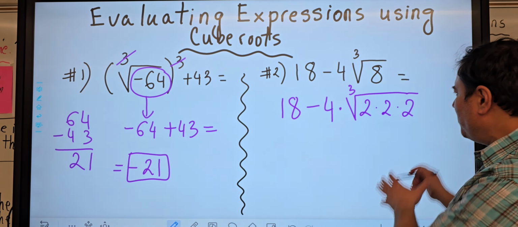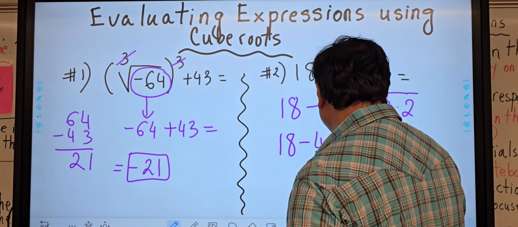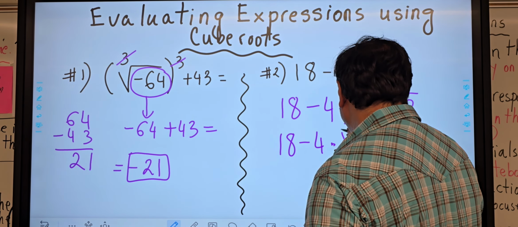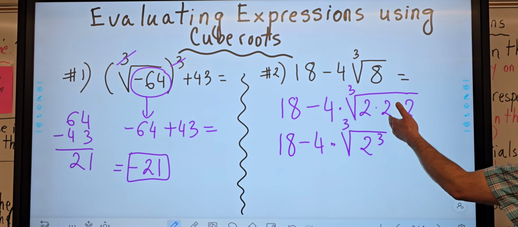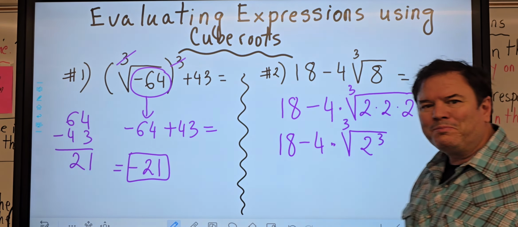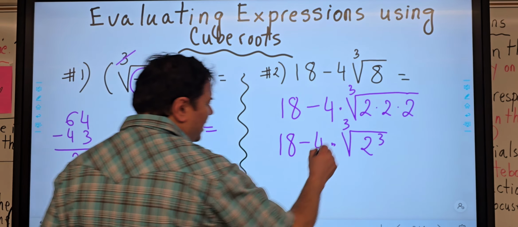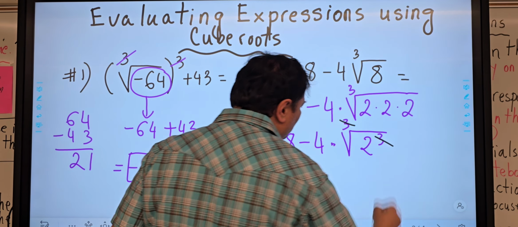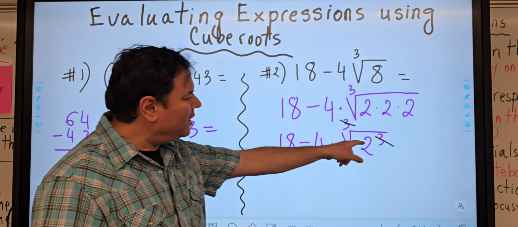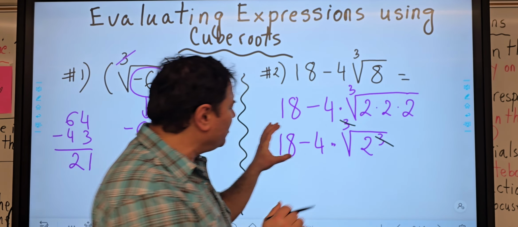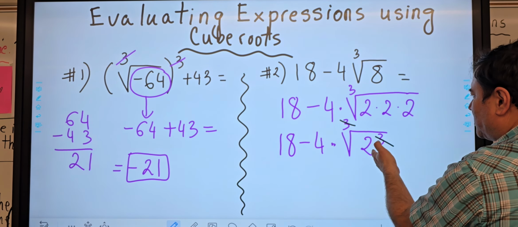And now that becomes 18 minus 4 times cube root of 2 cubed, right? Because 2 times 2 times 2 means 2 to the third power. And now we can see that we can cross cancel the exponents there, the cube root and the exponent of 3 there. So now the answer is just going to be cube root of 8 is just 2.